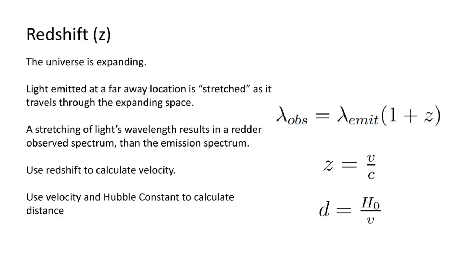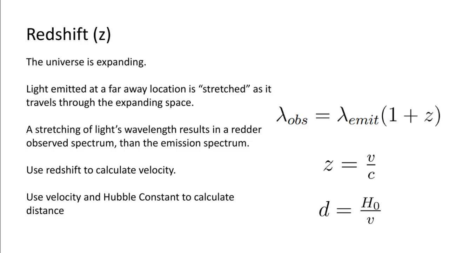You can use the redshift z to calculate the speed divided by the speed of light, or if you've measured z and you know the speed of light is a constant, then you can use that to calculate a velocity.